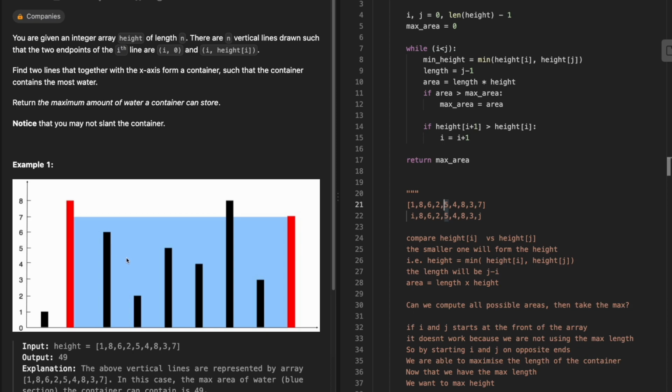So looking at this, we kind of need to tweak the solution such that the area is the minimum of 2 heights.